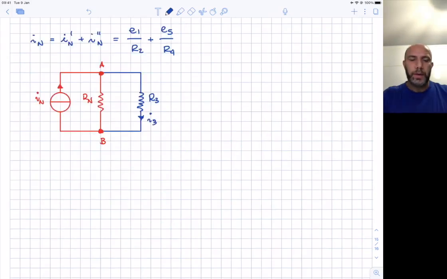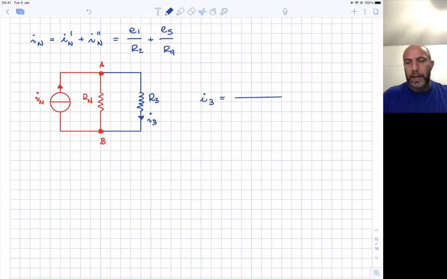Once we have calculated the two parameters that define the Norton's equivalent circuit, we can connect again the resistor R3 to the terminals A and B, and so we can solve with respect to the current I3 this simple circuit. In this case, it's easy to calculate I3 applying the current divider rule.